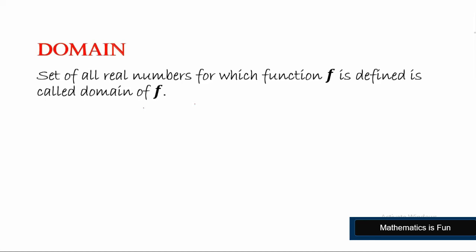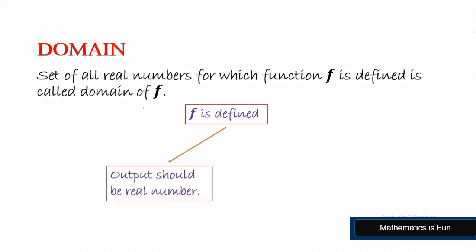There are basically two conditions which provide us a defined function. The first condition is that the output should be a real number. It means that the output should not be in the form of square root of minus 1, that is, there should not be a negative number inside the square root, which gives an imaginary number.